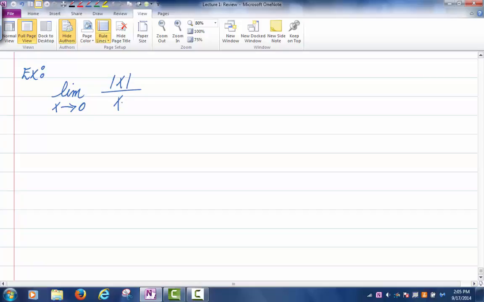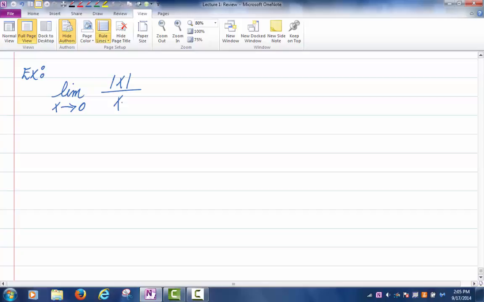The question is, what's the limit? If you plug in 0 for x, you get 0 over 0, so the function is undefined. But just because the function is undefined doesn't mean the limit doesn't exist, right? So how do we come up with the limit, or justify that the limit doesn't exist?